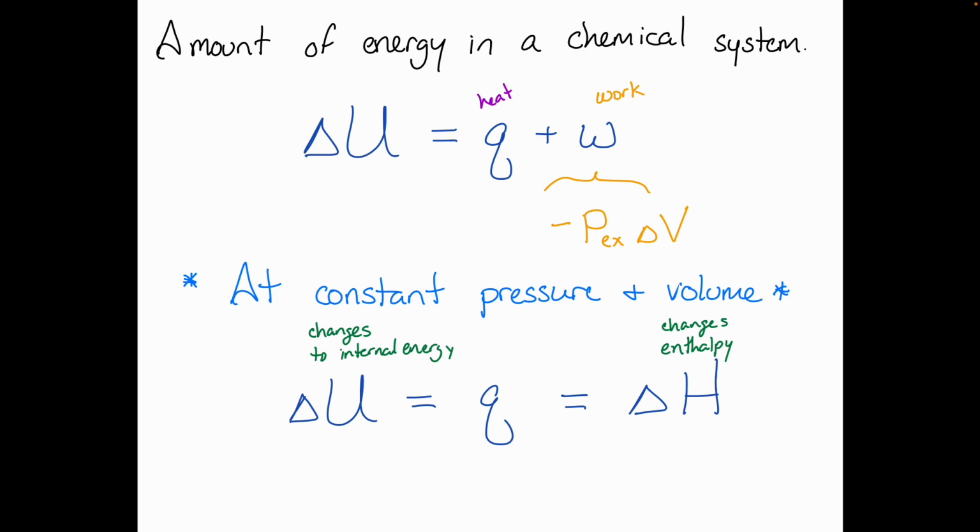Now, truthfully, enthalpy is a little bit more complicated than this. This is a special case where we can simplify our function for enthalpy. You'll take a thermodynamics class in grad school where they'll give you all the nitty-gritty details about enthalpy. We're focused on this special case where we have a system that is, again, at constant pressure and volume.